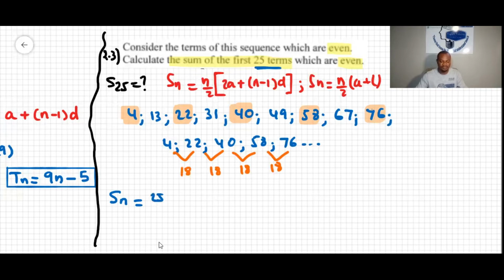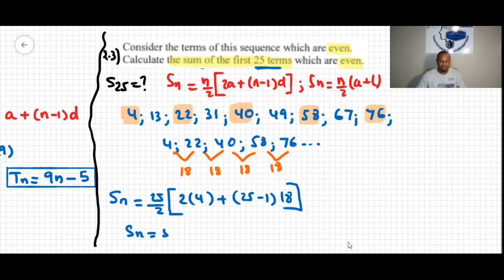So it's going to be 25 over 2, open square brackets, 2a, which is 4, close, plus n minus 1, n is 25, so 25 minus 1 times 18. If we type this in the calculator, we're going to get 5,500. Sn is 5,500.